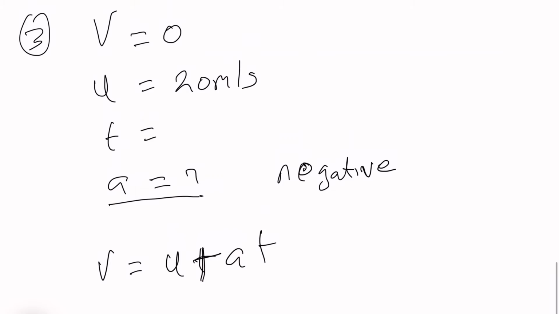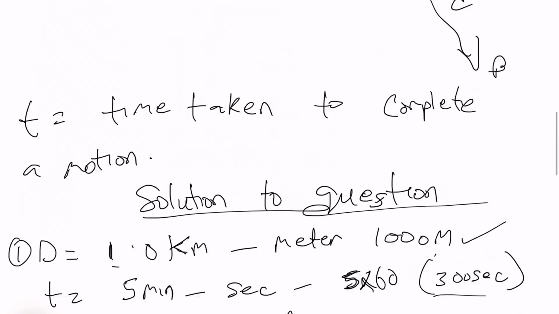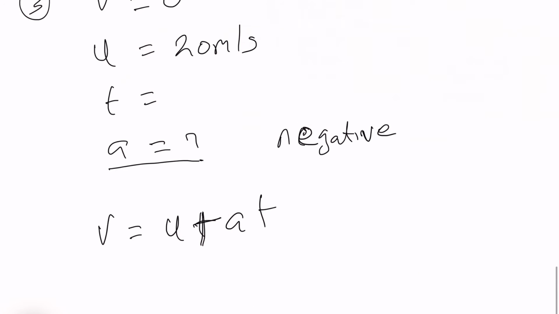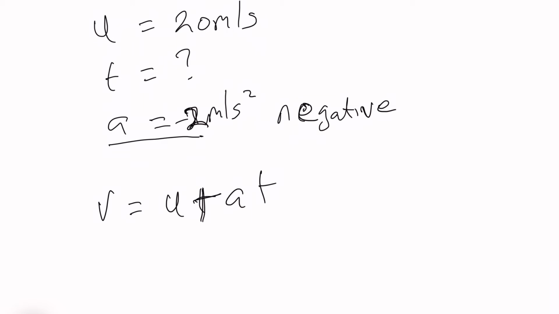Let me check the question again. Deceleration is 2 meters per second squared. This is definitely negative. So v equals 0, u equals 20, and this is minus because it's deceleration.